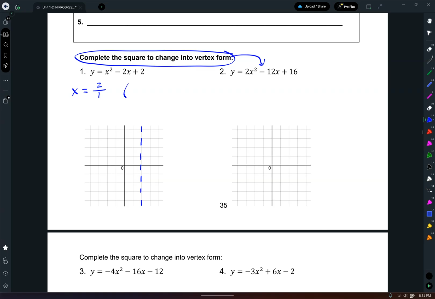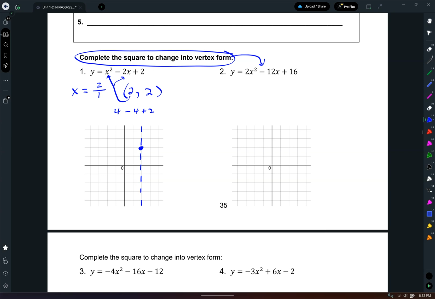So that means the vertex has that x number, 2 comma something. So in order to figure out what the y value is, I'm going to substitute that 2 in everywhere I see an x. So 2 squared minus 2 times 2 plus 2. So in this situation, the y-coordinate happens to be a 2 also, just a coincidence. So that's how I know the vertex is right here.